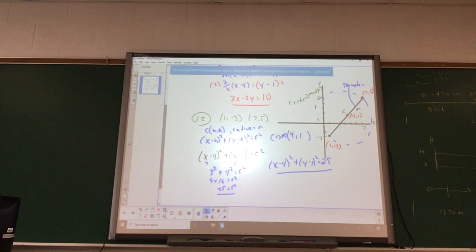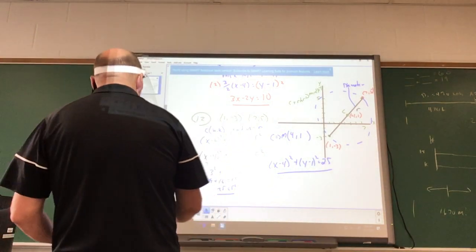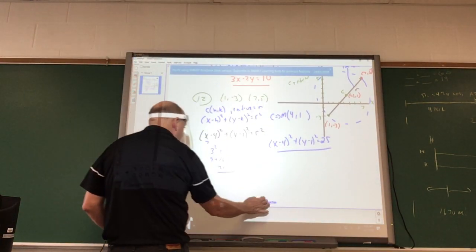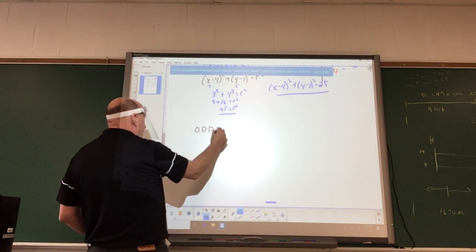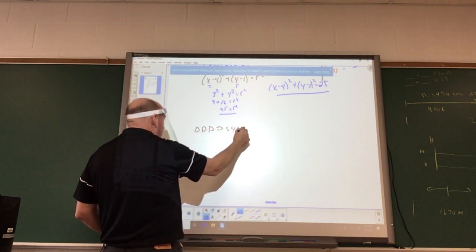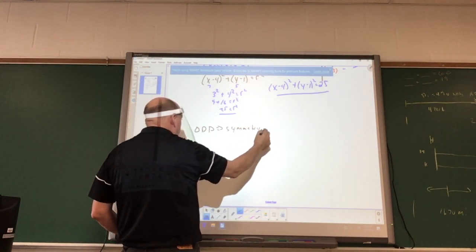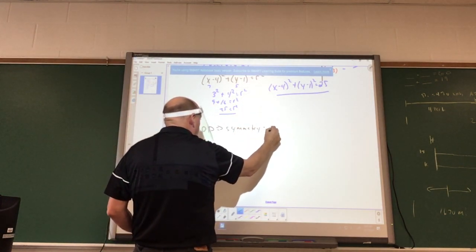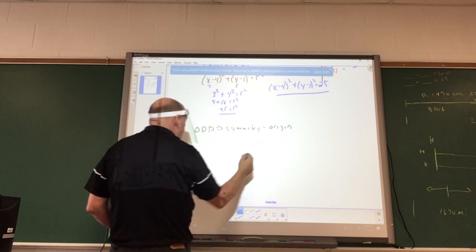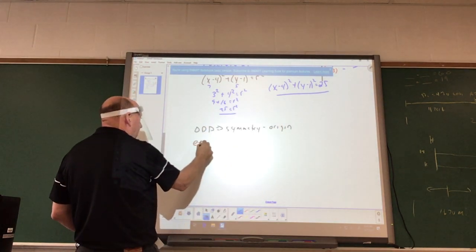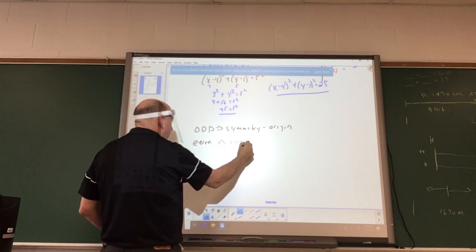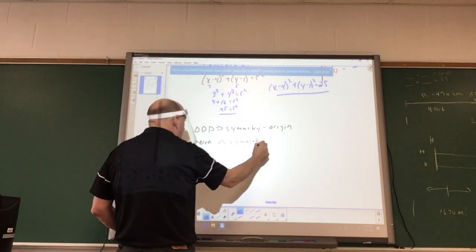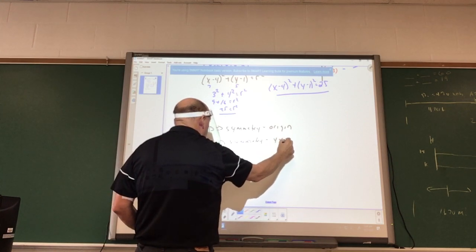Determine if you have any symmetry. Well, symmetry is defined to us as: when you have an odd function, we have symmetry about the origin. When you have an even function, you have symmetry about the y-axis.